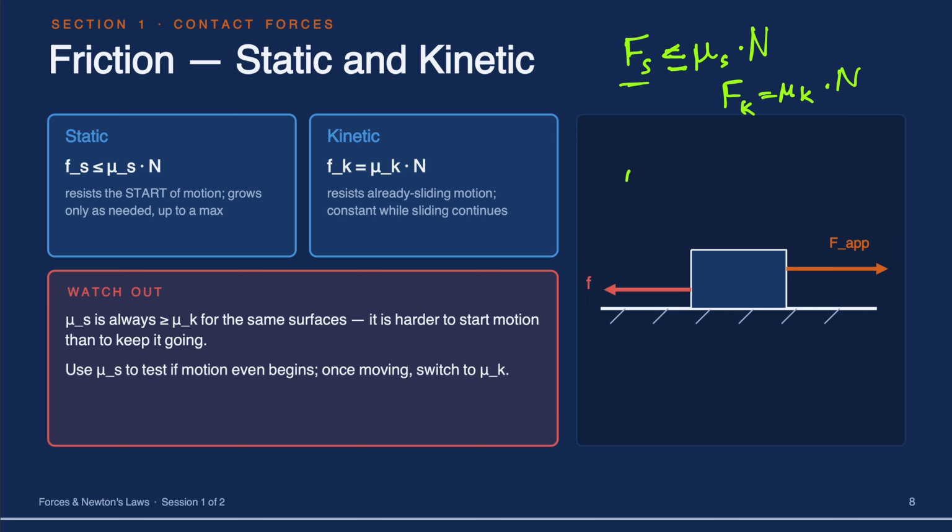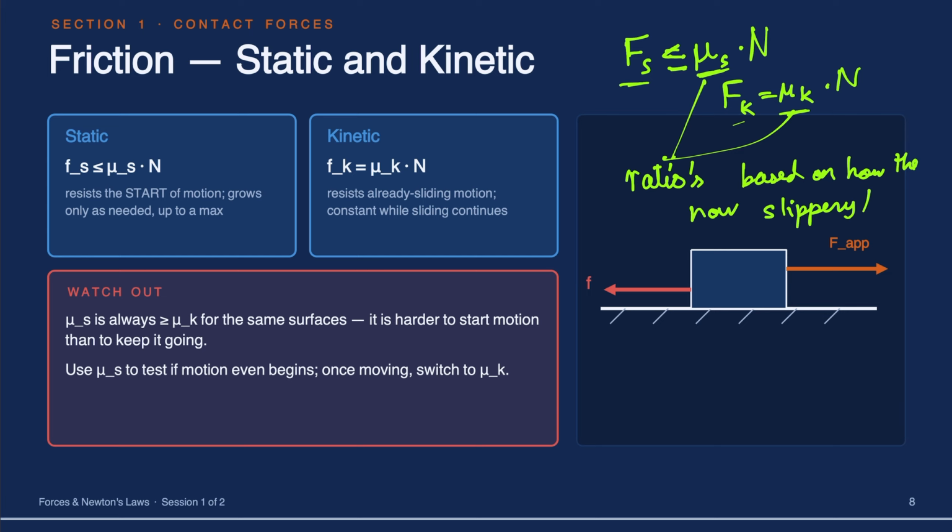So the difference between these two is, before that, let me explain what mu s and mu k are. These are just values, okay? These are just ratios based on how slippery or gripping the floor is, okay?